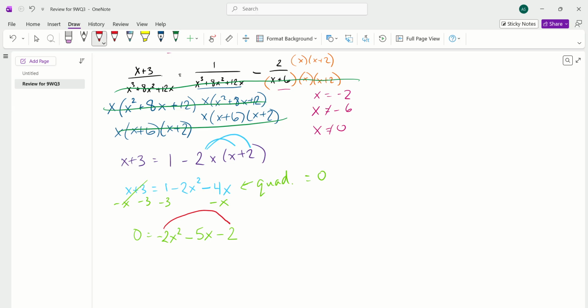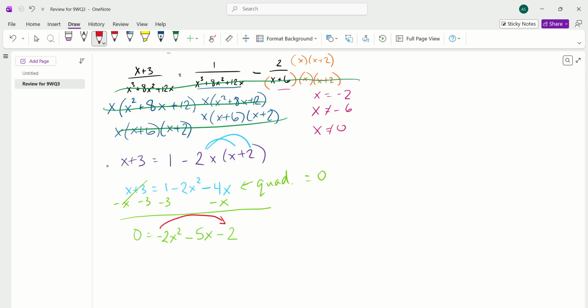If you're not comfortable with that method, what you can also do is graph. So you can take this and plug it into a graph. You would get a graph, and whatever the x-intercepts are is what your answer would be. Now, for the sake of thoroughness, I'm going to show the factoring method, but just remember, you can always solve a quadratic by graphing.